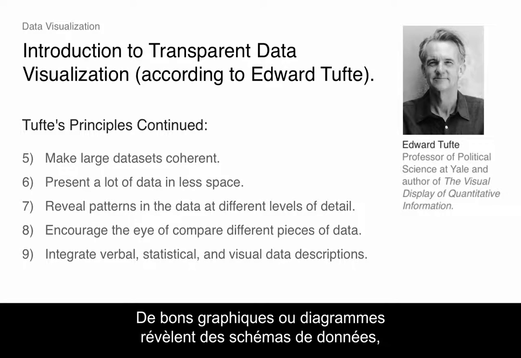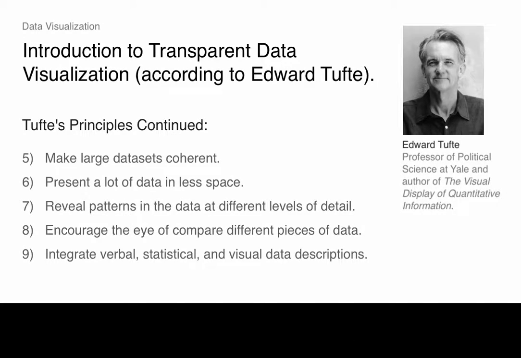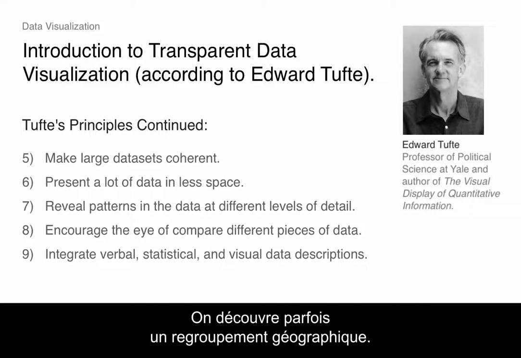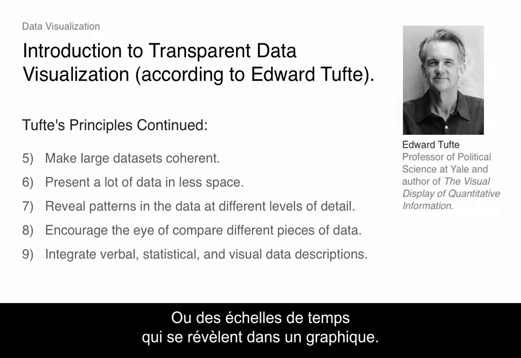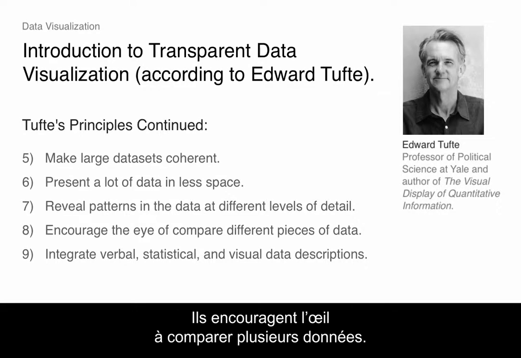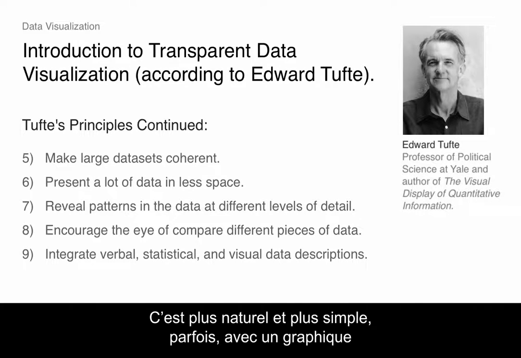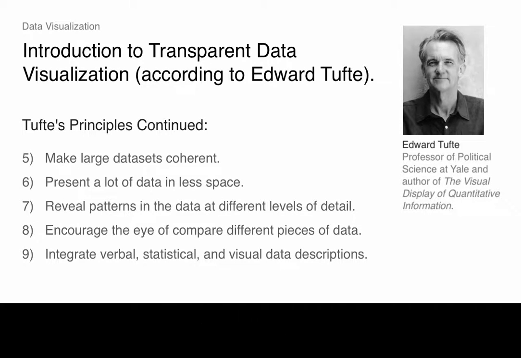Good graphics or figures also reveal patterns in the data, potentially at different levels of detail. Sometimes you get different geographic aggregation, sometimes different time scales are revealed all within one graphic. They encourage the eye to compare different pieces of data. Of course, that's natural and much easier to do sometimes in a figure than in a table.